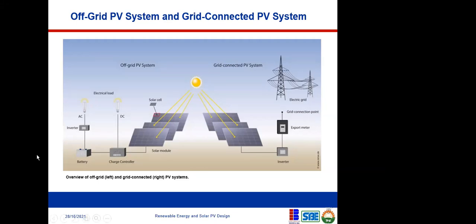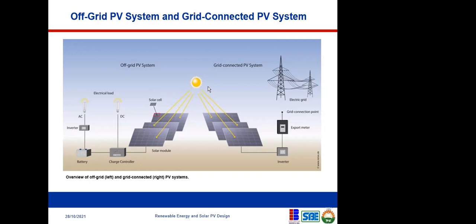From the charge controller, it goes to the battery, and from the battery, it goes to an inverter. Remember, I told you that solar PVs produce DC electricity, direct current electricity. So for you to convert it to alternating current, you need an inverter to do that job. And that's why you need an inverter. We'll go into all of the details. This is just an overview.